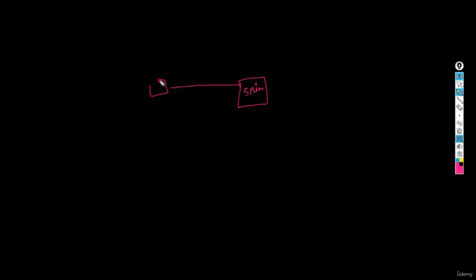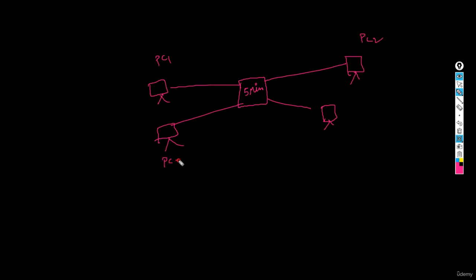I have one PC here, another PC here, another PC here, and another PC here: PC1, PC2, PC3 and PC4. The switch is going to forget after 5 minutes or 300 seconds. It is going to erase the entry if the device is not active. So if PC1 is not pinging PC2, it is going to erase it from its table.